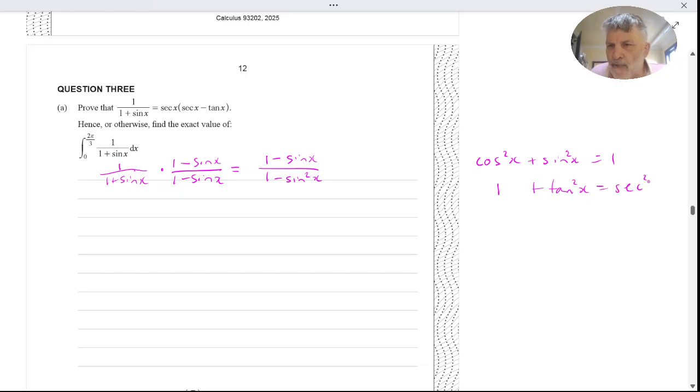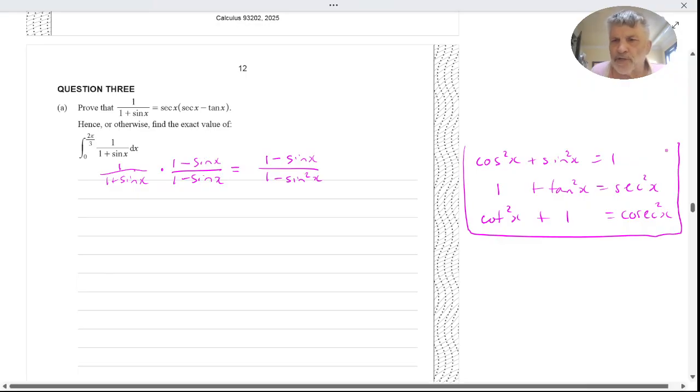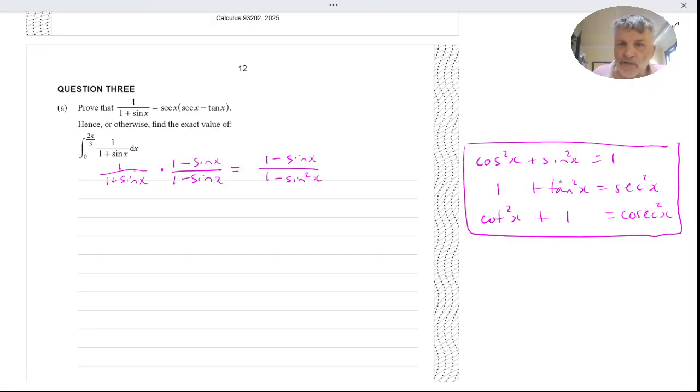And if you divide through this by sine squared x, you get cot squared x plus 1 equals cosec squared x on the right. So these three are known as the Pythagorean identities, and they allow us to change from various trig functions into other trig functions with the addition or subtraction of a 1.